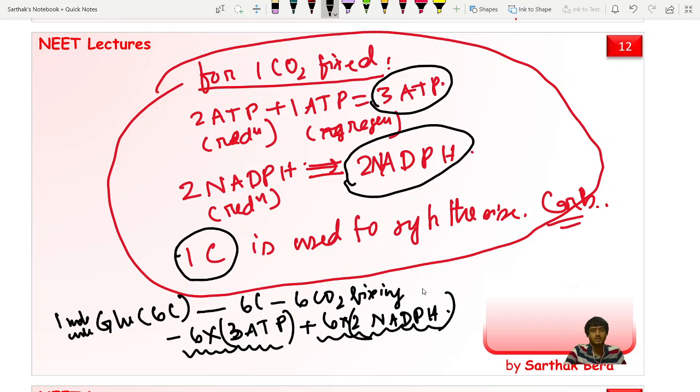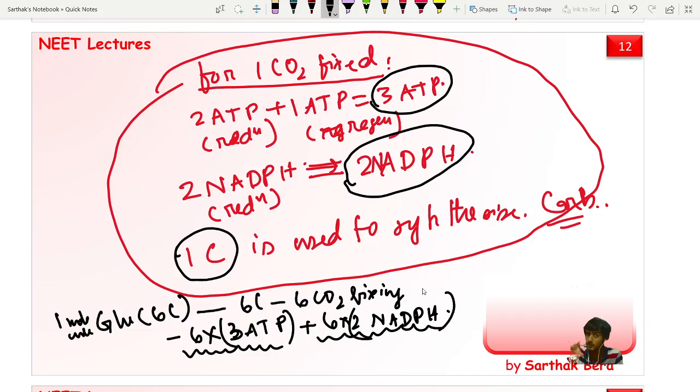I am repeating this line again: 3 ATP is used to pump 1 carbon into carbohydrate.